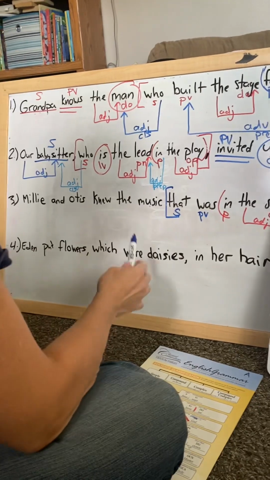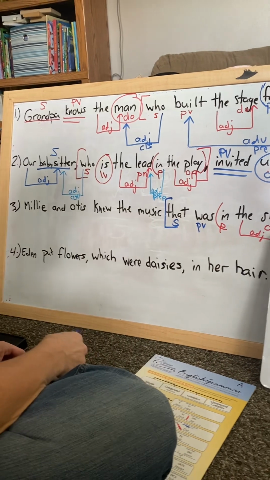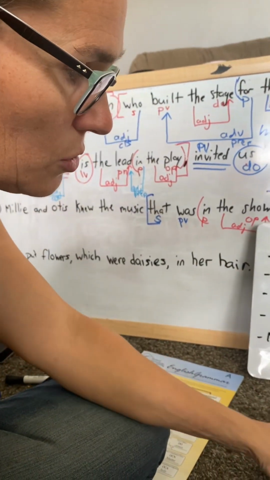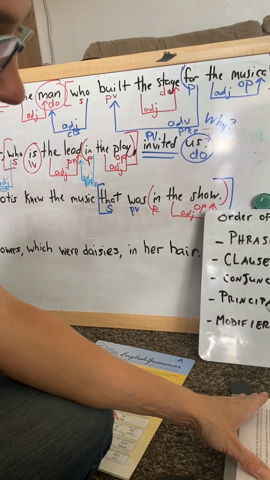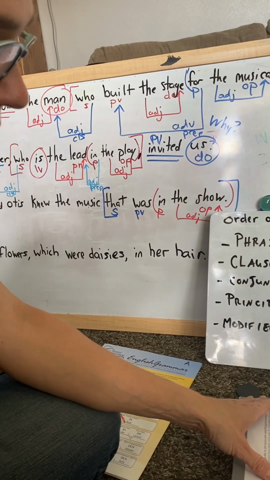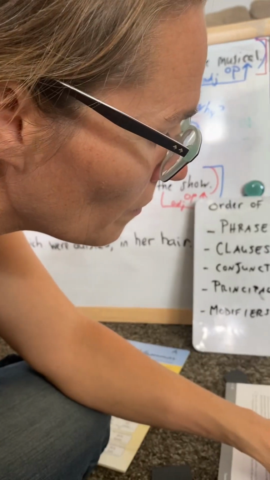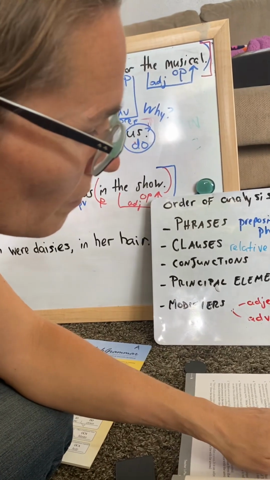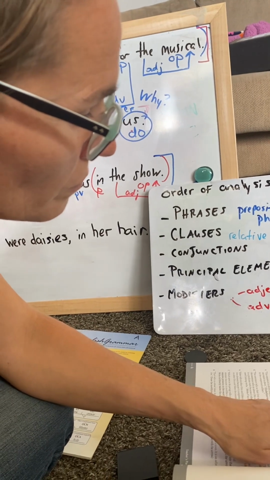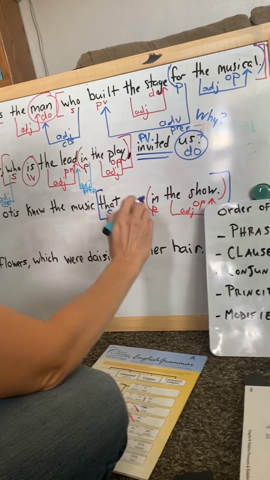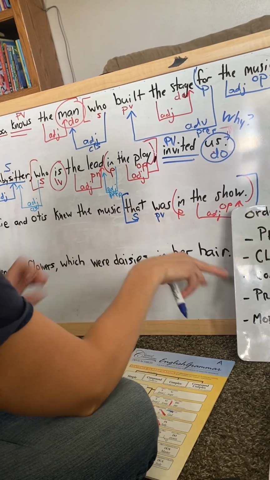Now we're going to, let me double check. Are we supposed to do, okay, we are supposed to say where this modifies first and then do this.